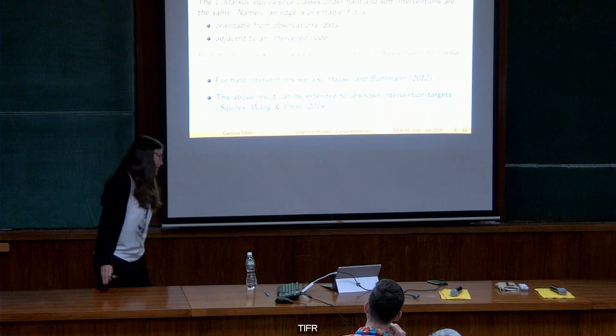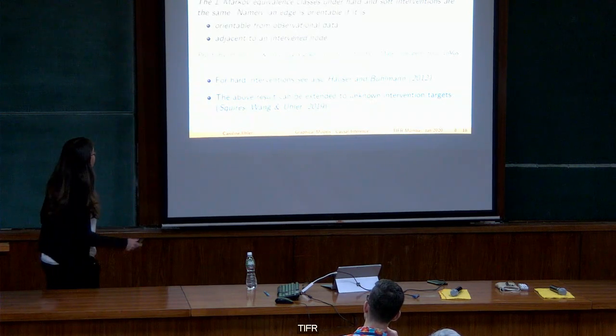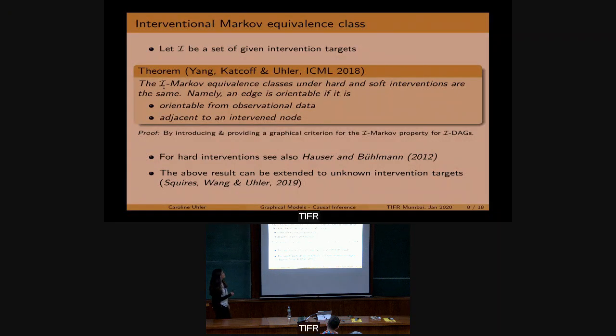This was interesting from a genomics perspective. So this is the main theorem: these interventional Markov equivalence classes under hard and soft interventions are actually the same. So you do not get anything more by doing hard interventions as compared to soft interventions. That's very interesting from a biological perspective, because when you do hard interventions, usually the cell dies when you do 5 or more interventions.